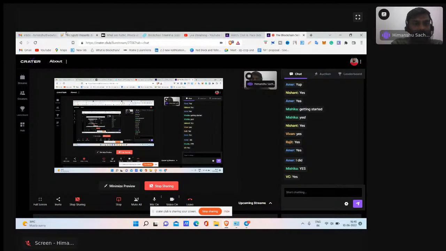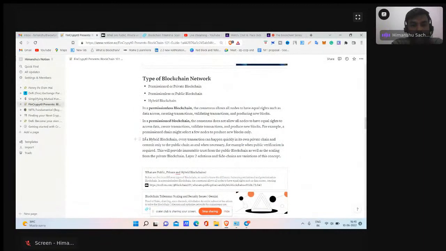Now if we talk about the third type, that is the hybrid blockchain. In hybrid blockchain, every transaction can happen quickly in its own private chain and commit to the public chain only when necessary. Which means if it is necessary to showcase that data to the public blockchain, they will showcase it to the public. If it is not required, they will keep the data in a private chain.